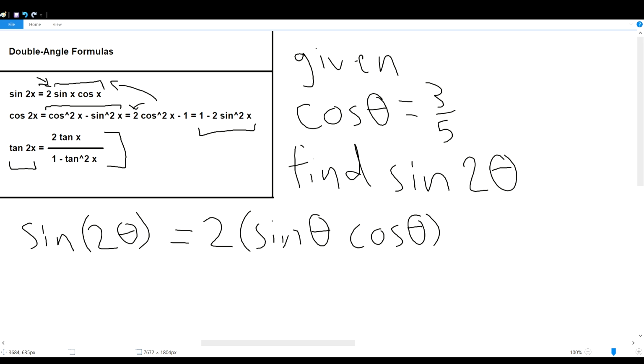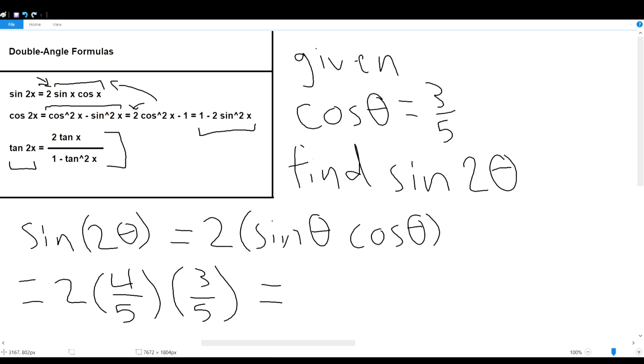So that is going to turn into 2 times 4/5 times 3/5. And that ultimately simplifies to 24 over 25. So there's our answer.